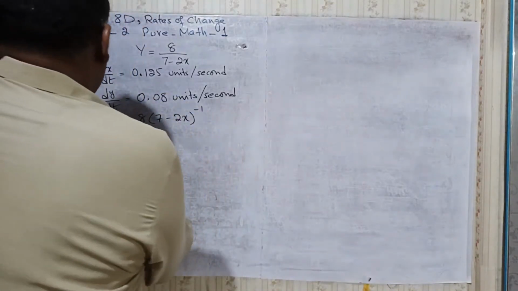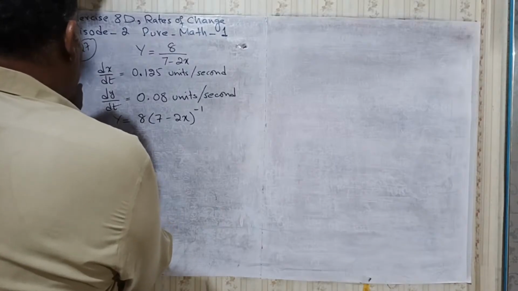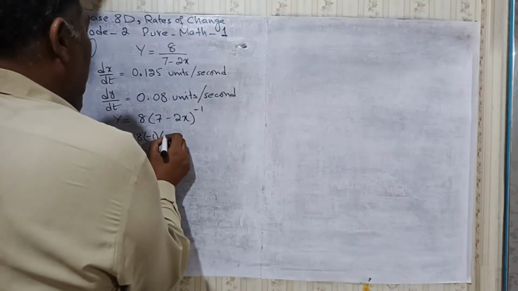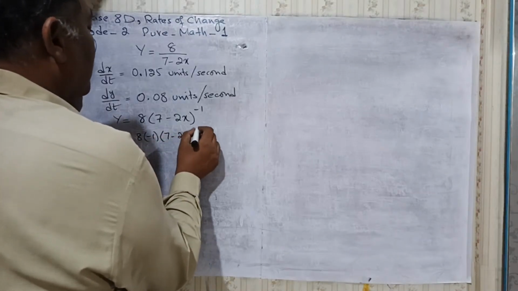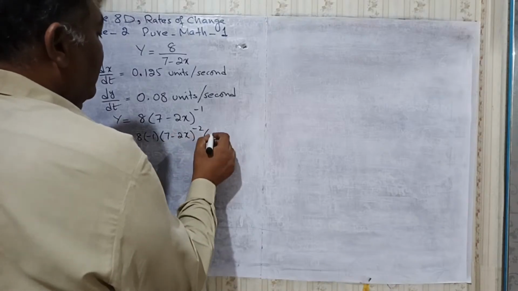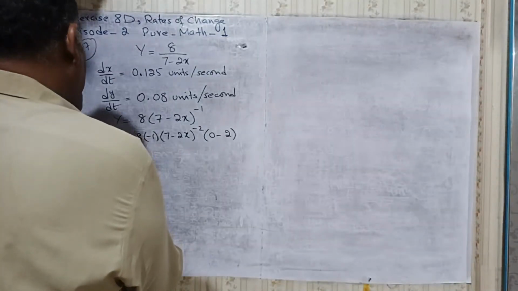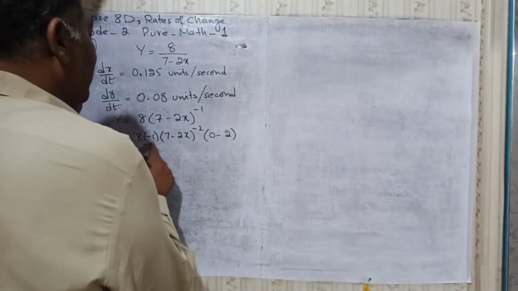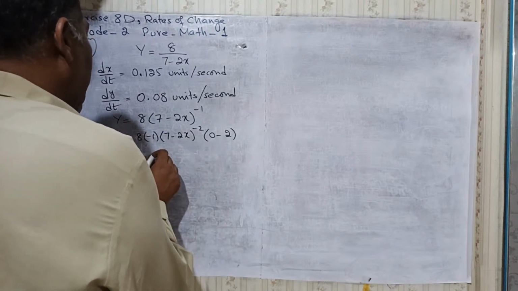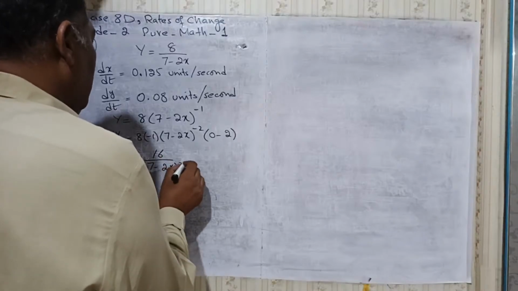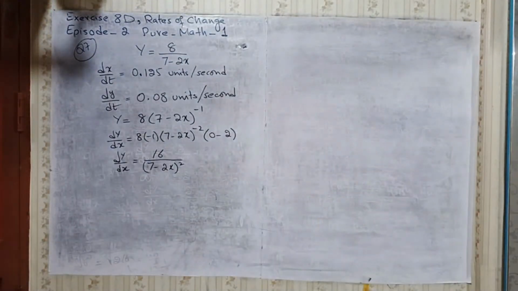So my dy by the dx will be equals to 8 into minus 1 into 7 minus 2x raised to power minus 2, and then derivative of this will be 2. So my dy by the dx will be equals to, this will become minus 8 and plus minus 2. It will become 16 divided by the 7 minus 2x raised to power 2.